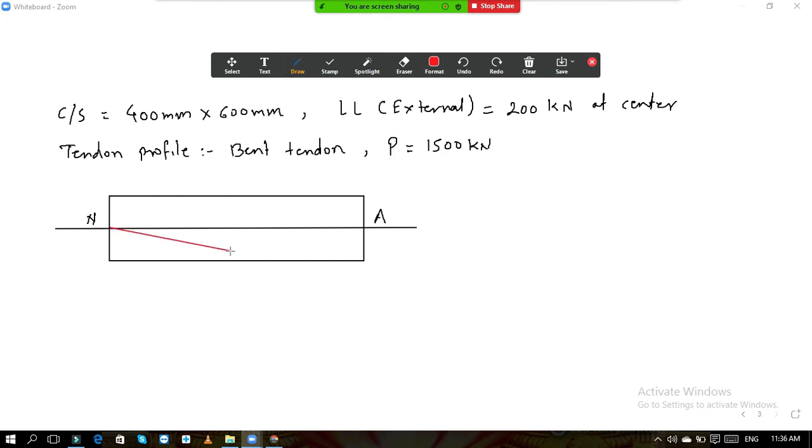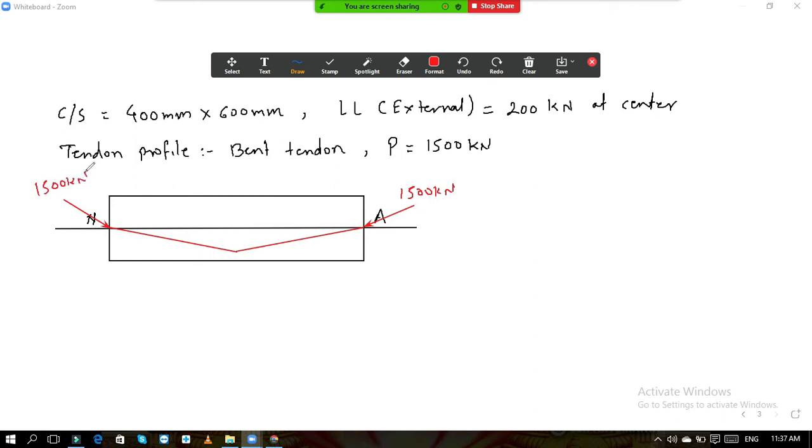So this type of tendon is provided. Your pre-stressing force is given as 1500 kilonewton.